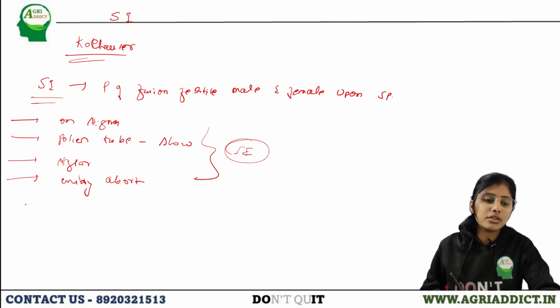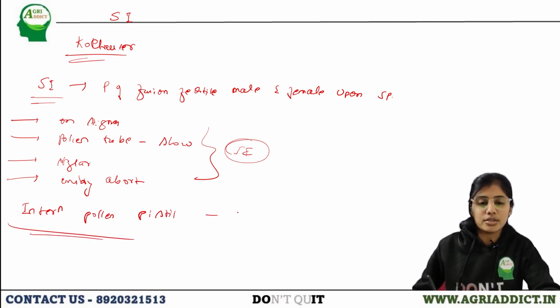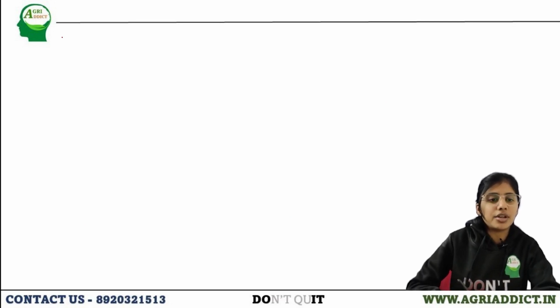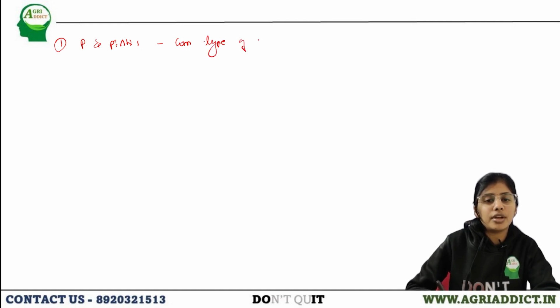When we look into the interaction between the pollen and the pistil, we can see two kinds of interactions. We'll see them one by one. The first kind of interaction between the pollen and the pistil is the complementary type of interaction, also called the stimulatory interaction.